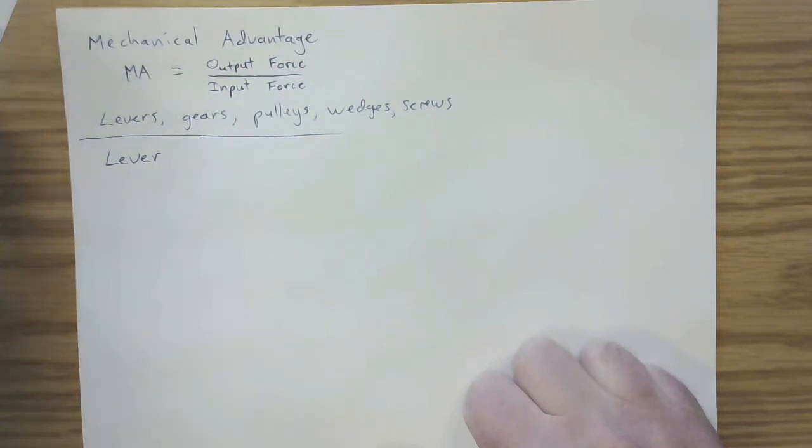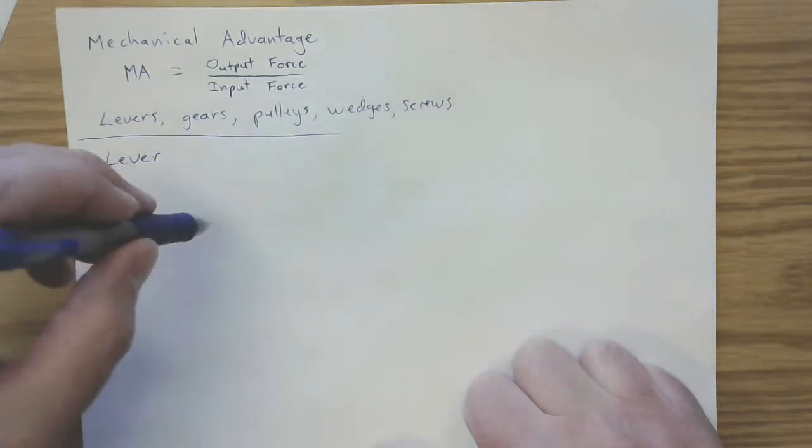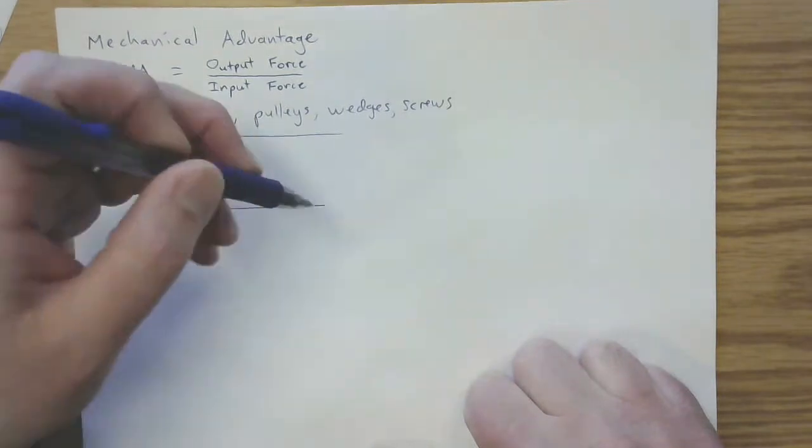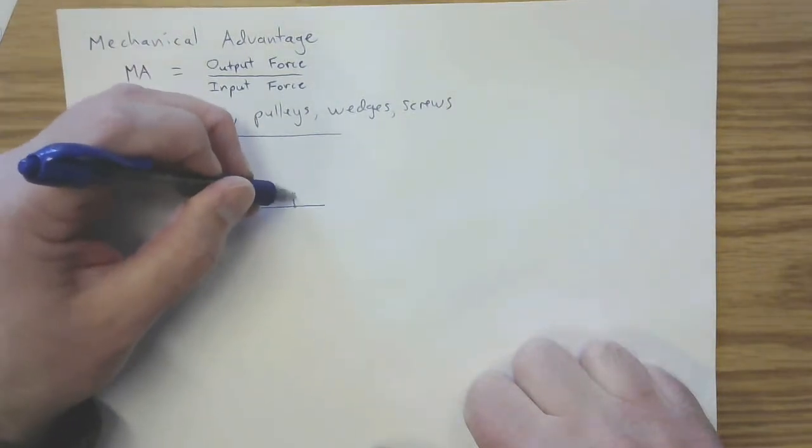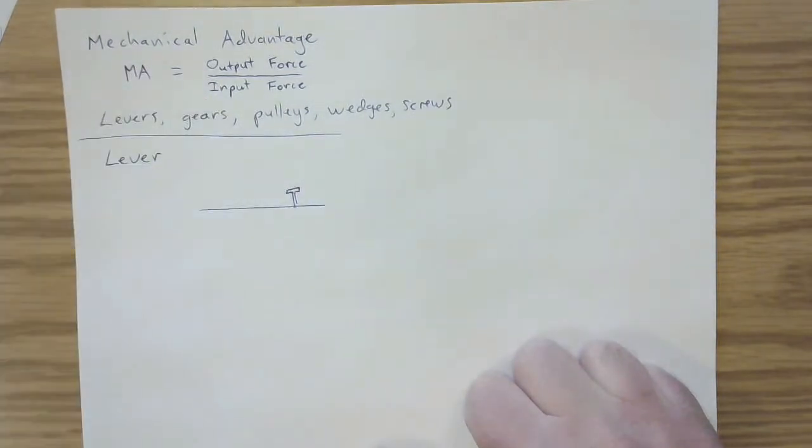So suppose you're pulling a nail. If you pound a nail into a piece of wood and then try to pull it out with your fingers, you're probably not going to be successful. So let's put a nail into a piece of wood, and then let's try to pry that up with a crowbar.